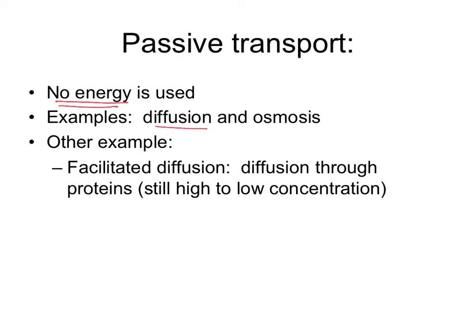Examples include diffusion and osmosis, but there's also another way for things to get across the cell membrane. They can go through a protein through a process called facilitated diffusion. So it's diffusion through a protein that has a channel or something in it, but it still moves particles from high to low concentration, and so it does not require energy. It's facilitated because it uses a protein, however.